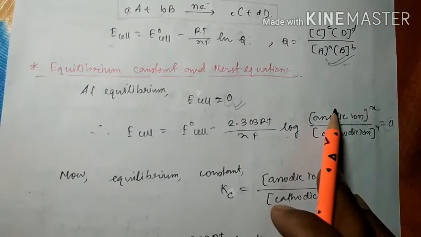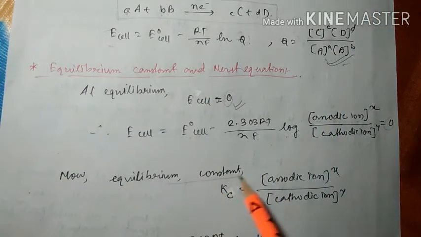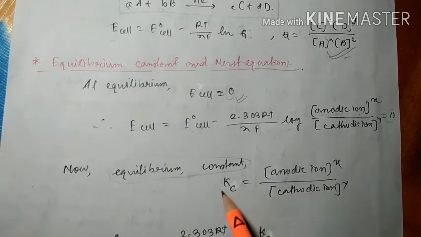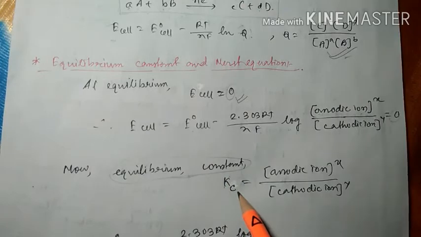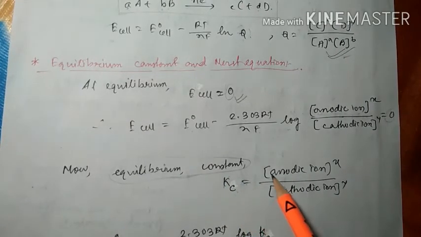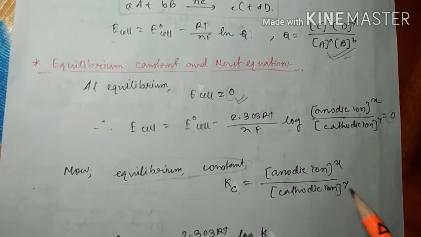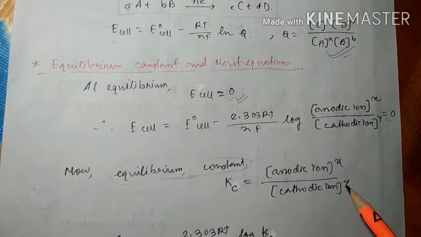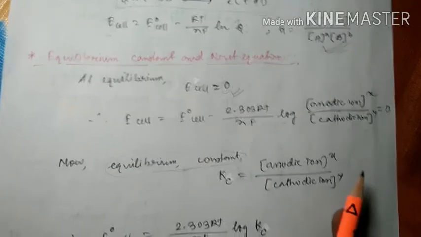Now since the reaction is at equilibrium, we have to apply the equilibrium constant. Now equilibrium constant is designated as Kc. Okay, Kc equals the concentration of anodic ion to the power x divided by the concentration of cathodic ion to the power y. Okay, next.